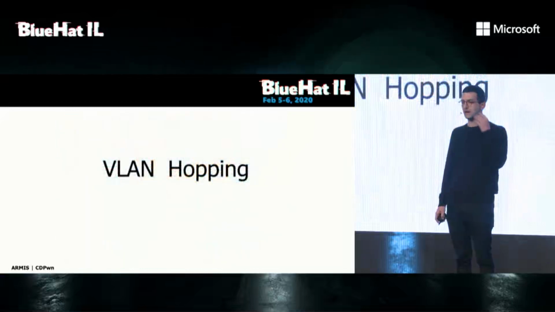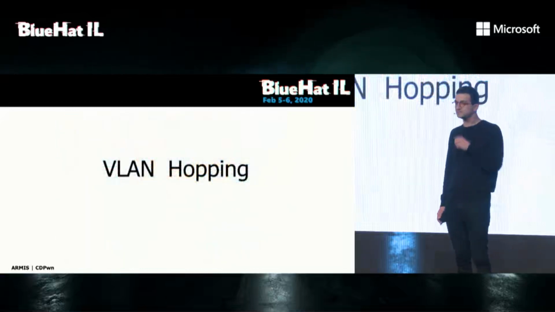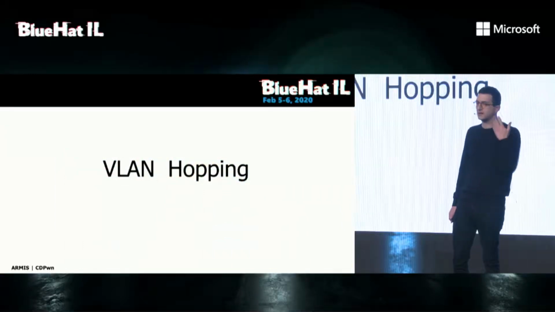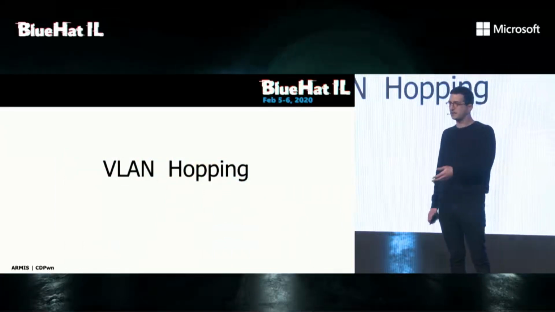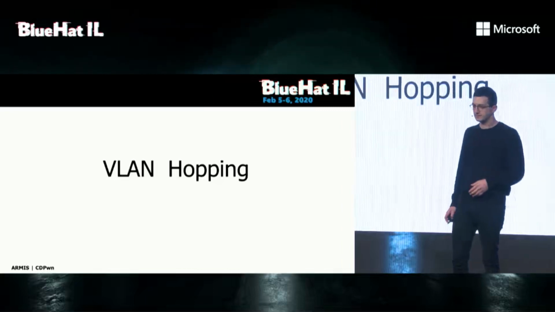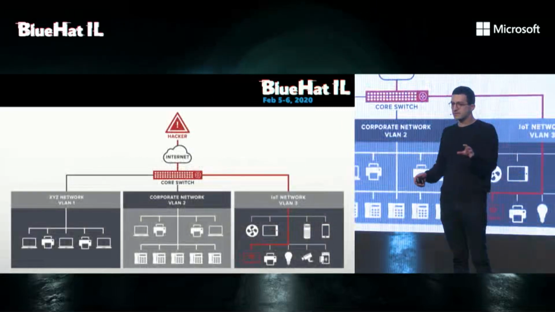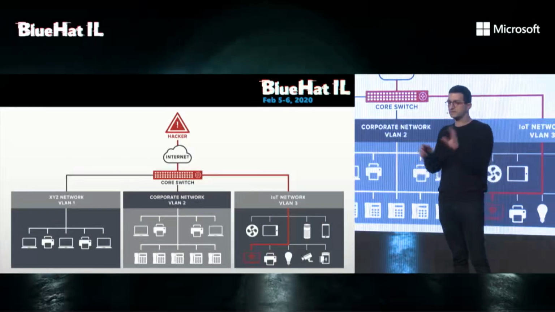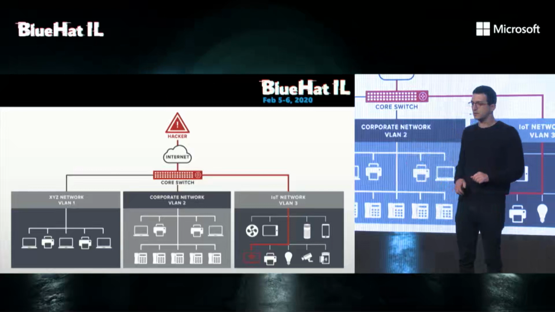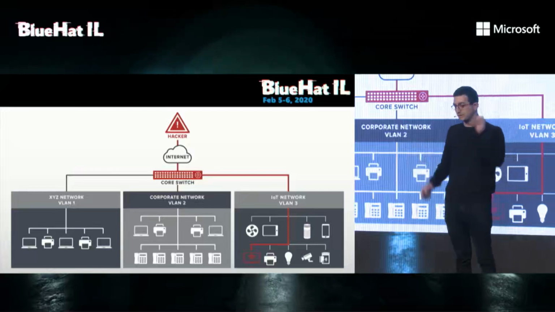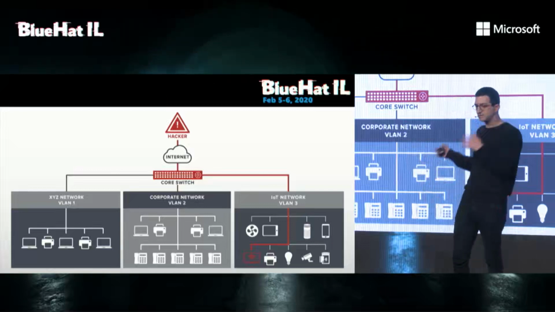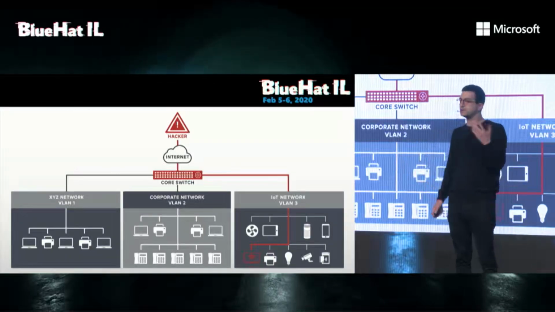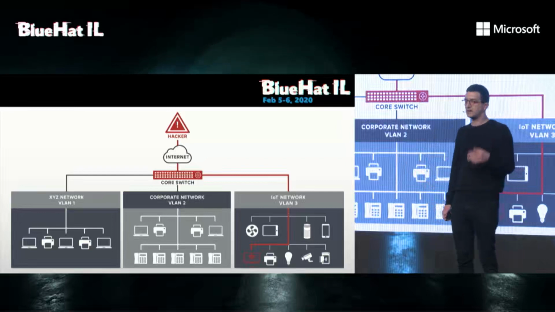But as I mentioned, our initial goal was to see how VLAN hopping was done in the past and whether it can still be done today with additional vulnerabilities. So to understand VLAN hopping techniques, we need to understand a bit more what VLANs are and how network segments even work. So this is a simple design of a network diagram and how it should be done today.